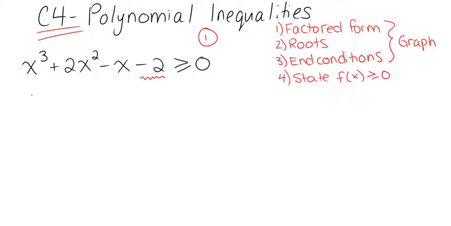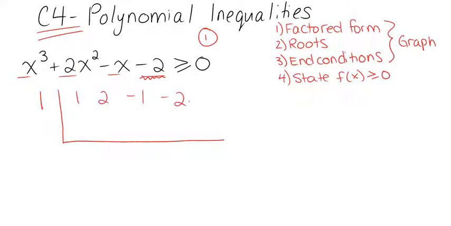So when I do synthetic division, I put that root there. Then I put the coefficients in front of each term: 1, 2, -1, -2. I always bring down that first coefficient. Then I multiply this number out here by this number down here: 1 times 1 is 1.